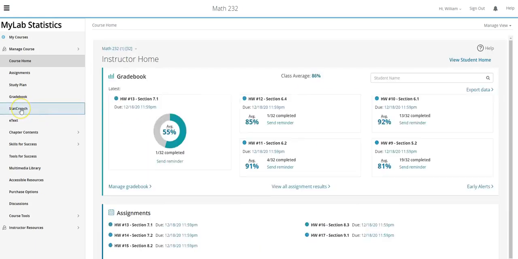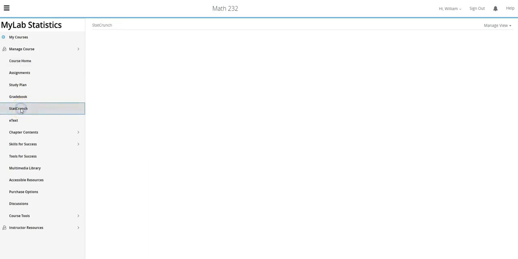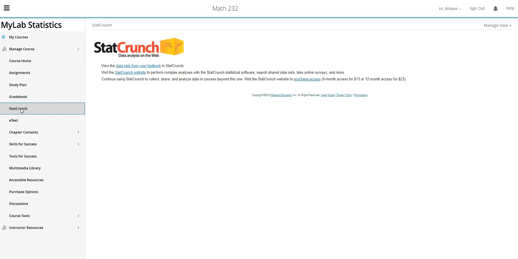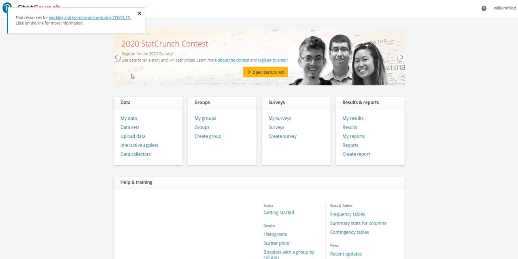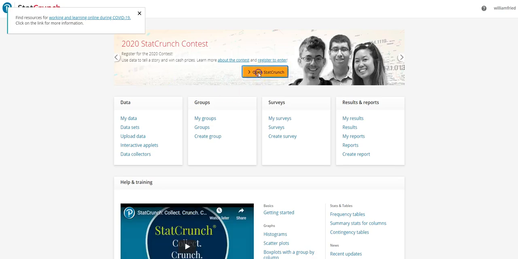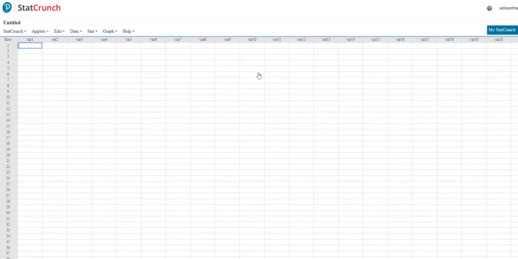And then on the left side of the screen, I'm going to go into StatCrunch. Okay, so there's StatCrunch, and we're not going to use a data set from our book. We're going to go to the StatCrunch website. Okay, we're going to open StatCrunch. Okay, so we have StatCrunch opened.